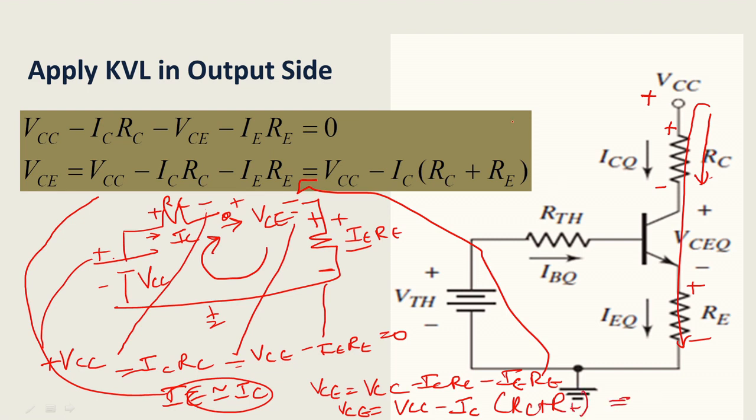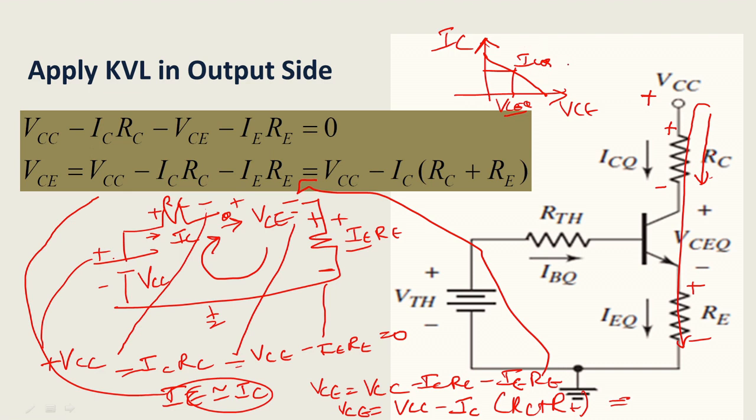That's all. Now see, with this equation I can find your maximum IC current and maximum VCE voltage, and you can find the load line. Then you can find your ICQ current, then VCQ voltage, that is the operating voltage VCQ and operating current ICQ.